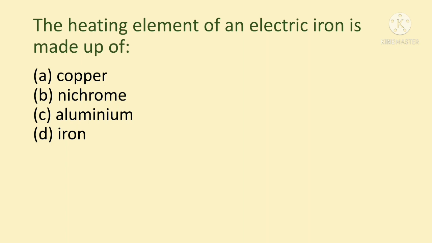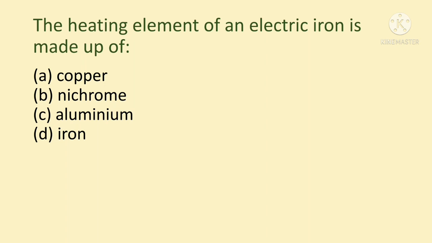The heating element of an electric iron is made up of: option A, copper; option B, nichrome; option C, aluminum; option D, iron.